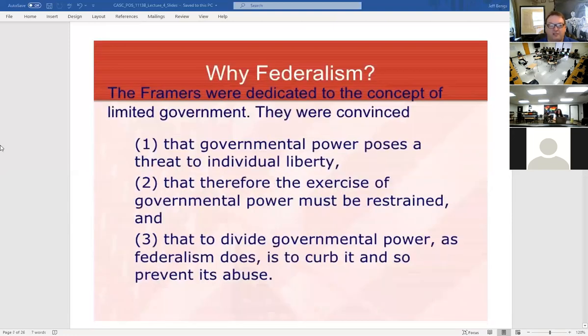So federalism is the form of government that we have. So we want to look at some slides now that go along with the information, starting on page 40 and going through page 49.